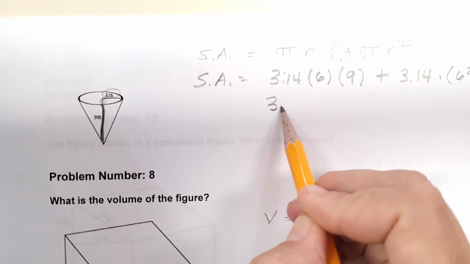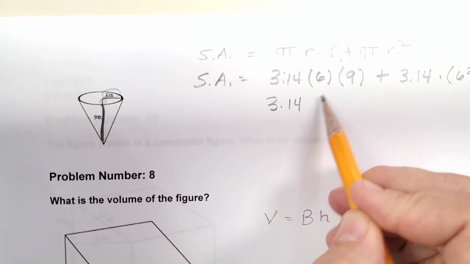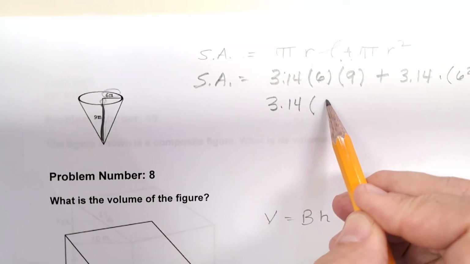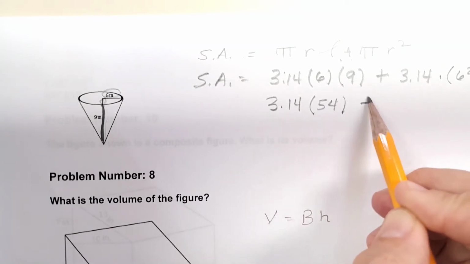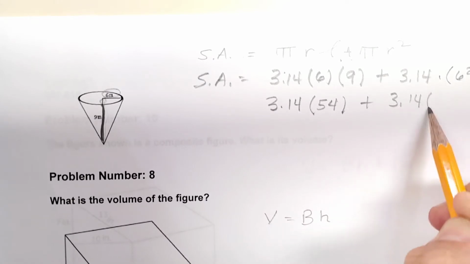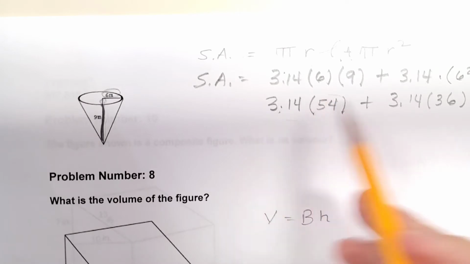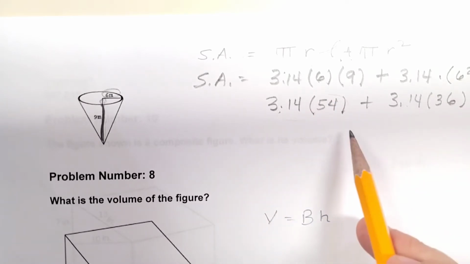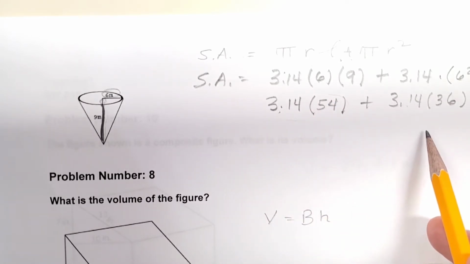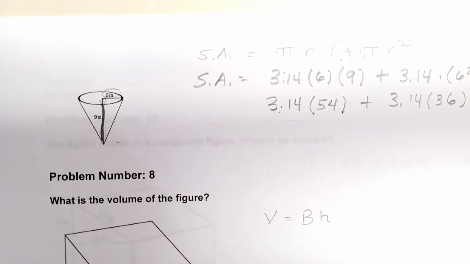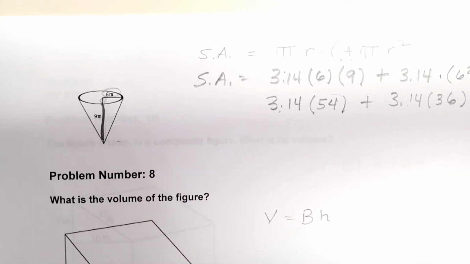Okay, so we got 3.14 times 54 plus 3.14 times 36. And then once you find this and this separately, then you can add them together and you'll have the answer for problem number 7. Okay? I'm not going to work that one out for you either.